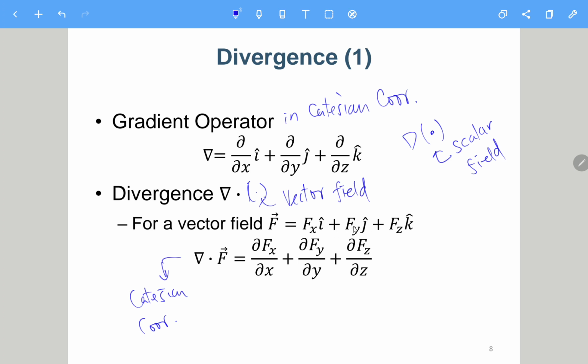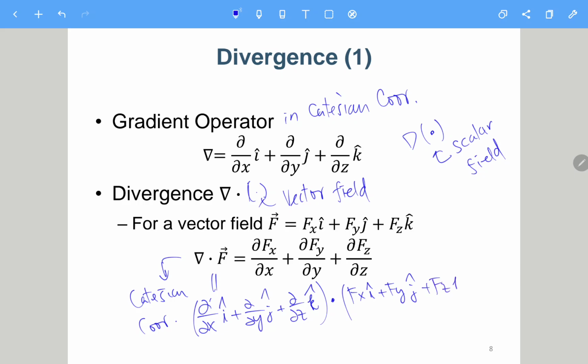So we represent this vector field in Cartesian coordinate with fx, fy, fz as the different components. So the divergence is like we try to apply this one on here: partial x i hat plus partial y j hat plus partial z k hat, then inner product, this dot is the inner product, and then fx times i hat plus fy times j hat plus fz k hat.